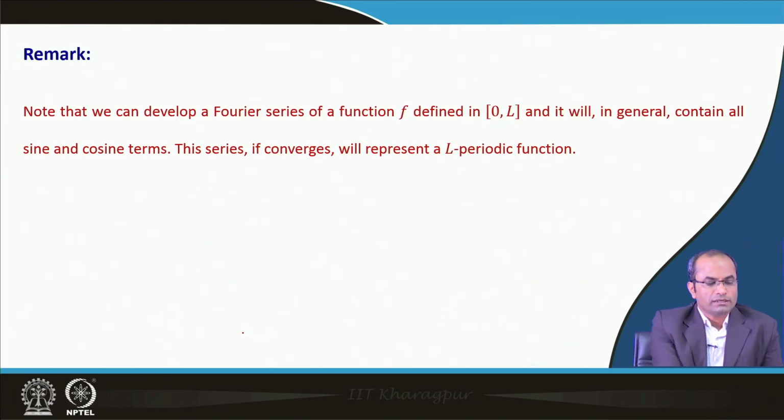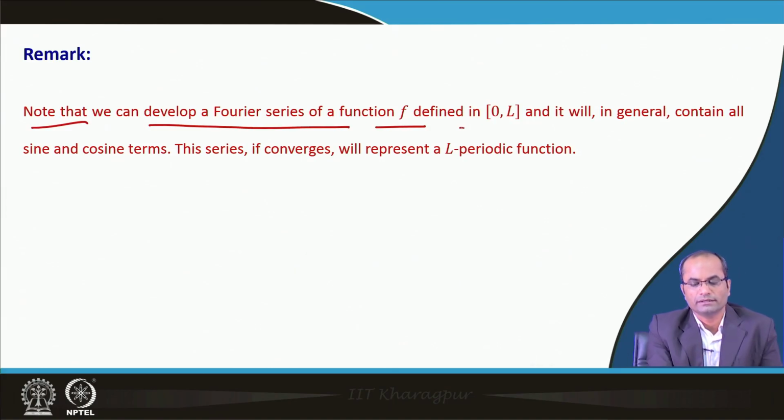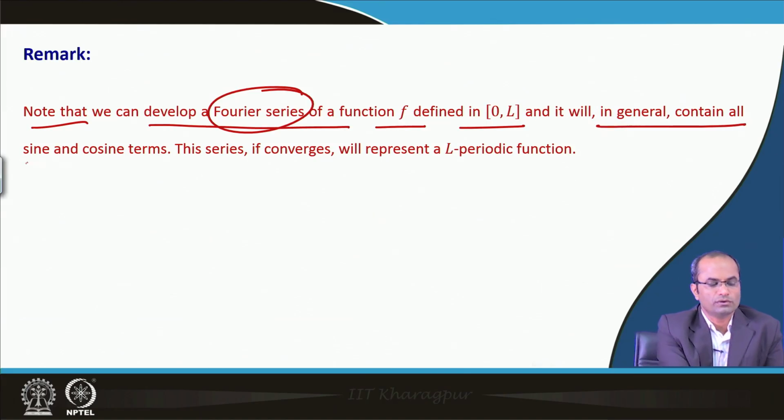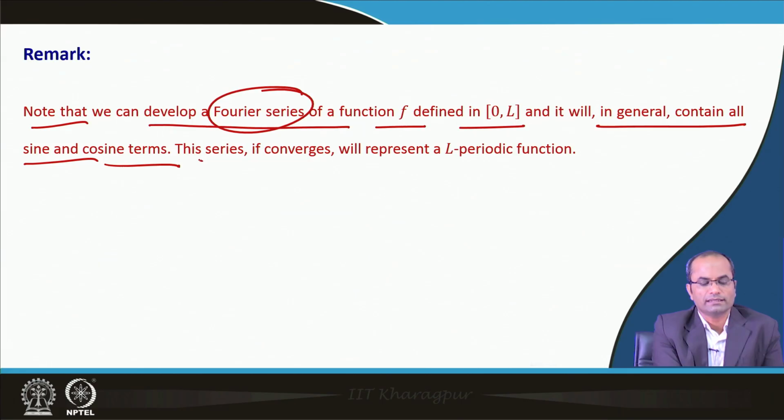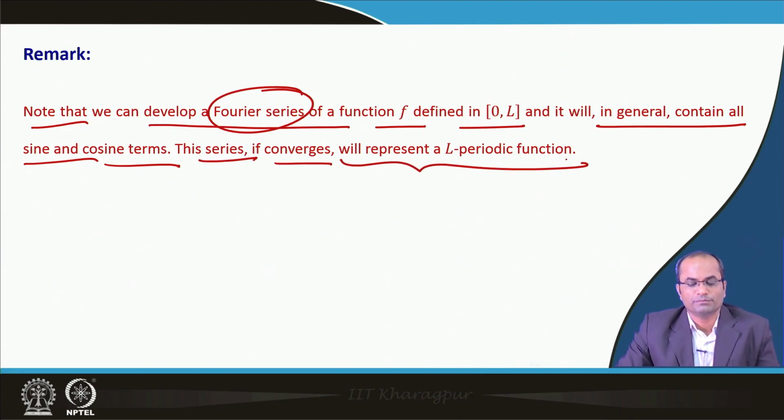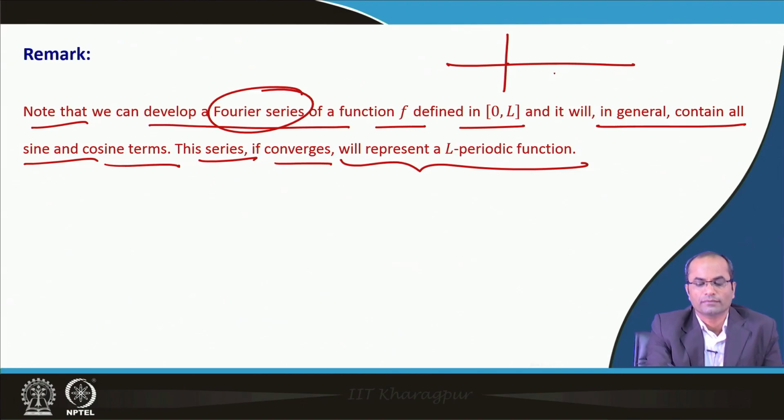So, just a short remark, note that we develop a Fourier series of a function f defined in the interval. So, we can develop the Fourier series, not the half range, the Fourier series, and it will in general contain all sine and cosine terms, and this series if it converges, we know that it will represent an L periodic function, because the function was defined in this 0 to L region.